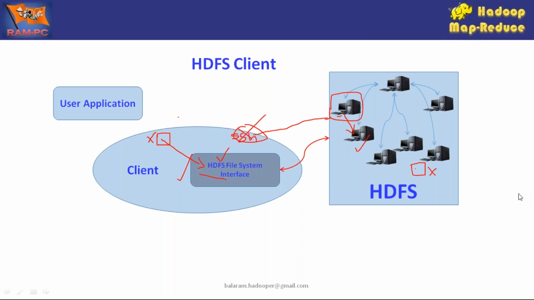Rohit is asking one more doubt. Does the HDFS interface connect to the main node or a cluster? See, here all the nodes are servers only. You can connect with any server, but if you give a request to any server, that request will be sent to the name node only.